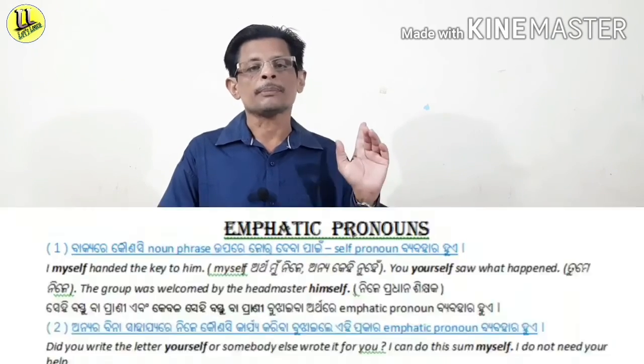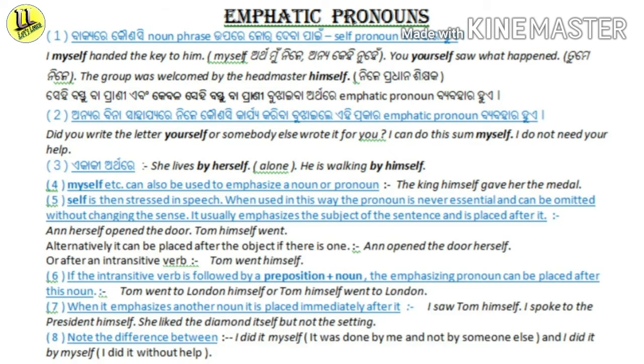Now we will see about emphatic pronoun. What is emphatic pronoun and what are its uses? Now you see, when we want to give emphasis or stress on a noun phrase in a sentence, then we use self-form pronoun.